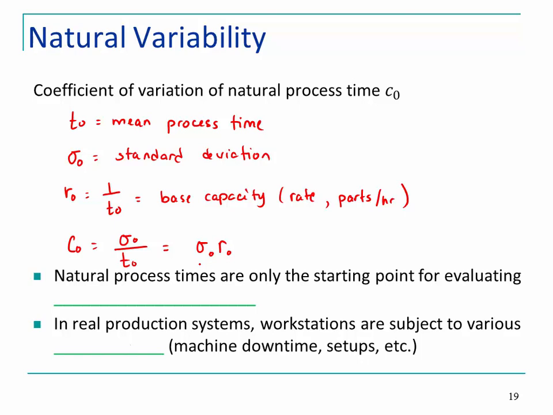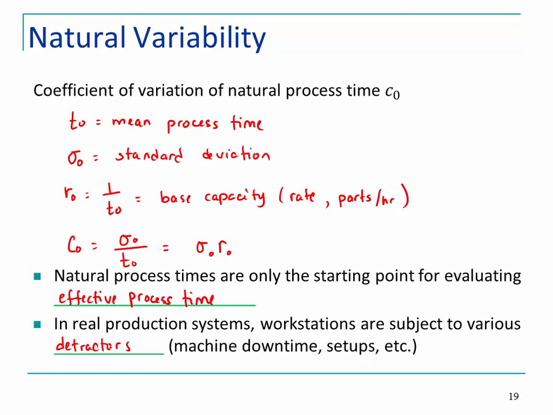So the natural process times are only the starting point for evaluating the effective processing time. In real production systems, workstations are subject to different detractors, which are not taken into consideration in this particular step of the analysis.